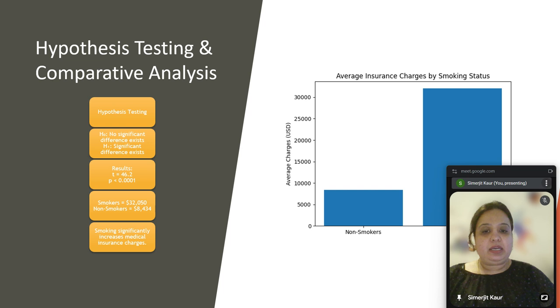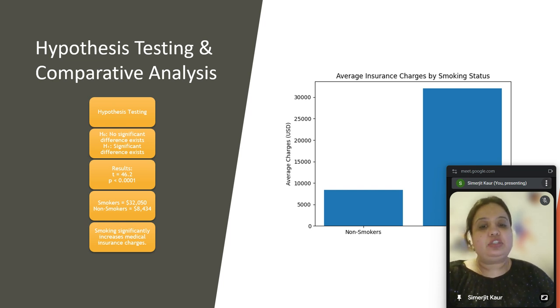A two sample test was used and the result showed a t statistic of 46.2 and a p value less than 0.0001. Since the p value is less than 0.05, the null hypothesis was rejected. This means that there is strong statistical evidence that smoking significantly affects insurance charges.